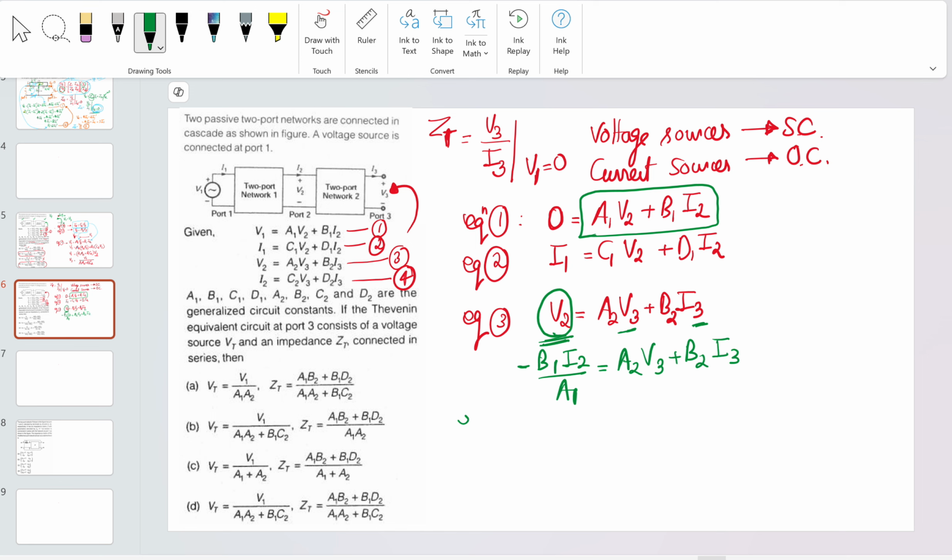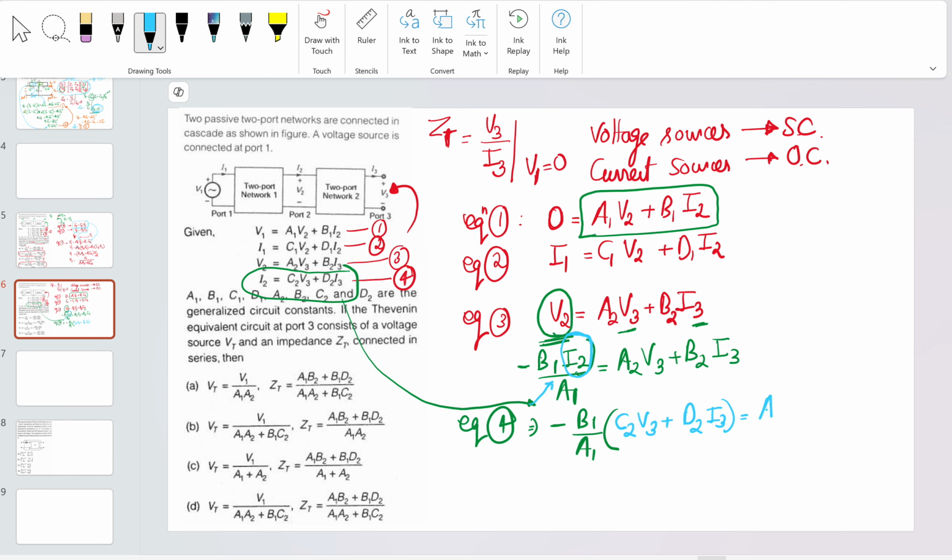In equation 4, the I2 equation is also there. Substituting the value of I2 from equation 4, you will get the values in terms of V3 and I3. So it will be equal to C2 times V3 plus D2 times I3, equal to A2 times V3 plus B2 times I3.